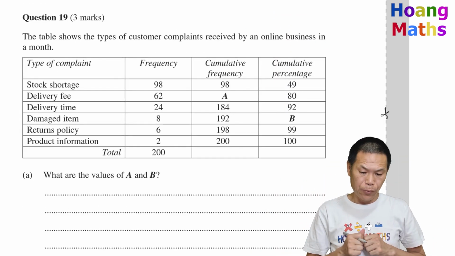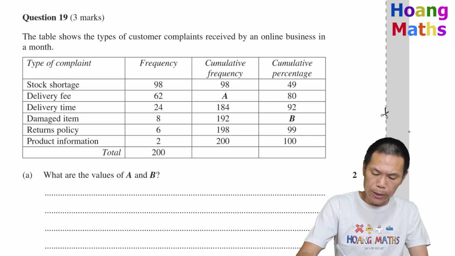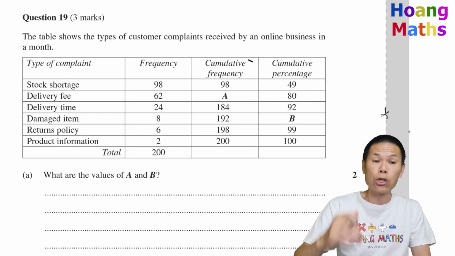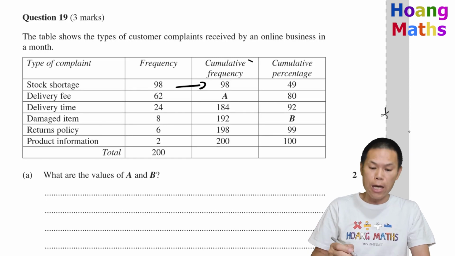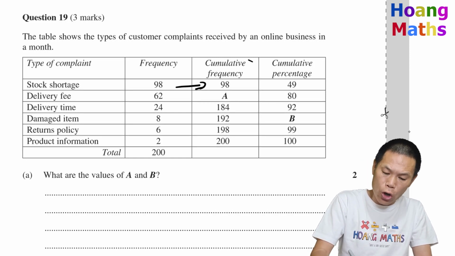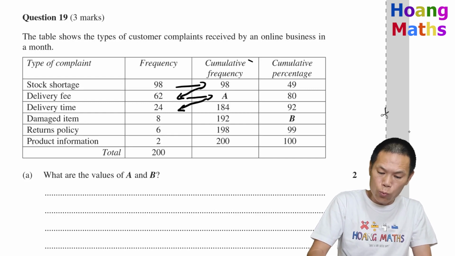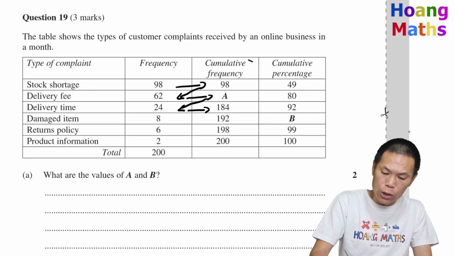Question 19. So I is the cumulative frequency. This column here is cumulative frequency. To work out I, the 90i comes from here. To get I, we have 90i plus 62 will give me I. And I plus 24 will give me 184. To get 192, we get 184 plus 8.